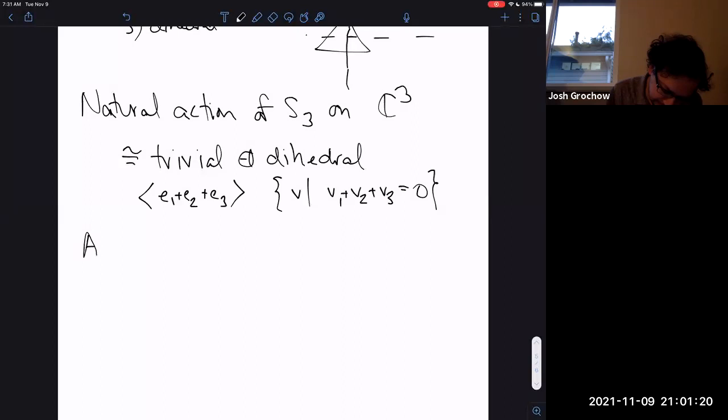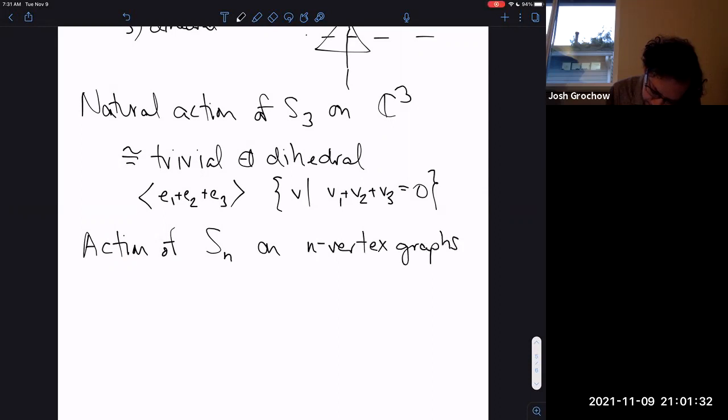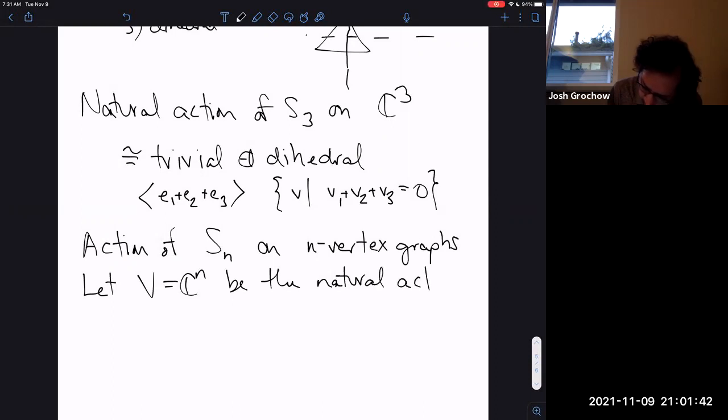So the action of Sn on n vertex graphs, and this part we could say in general. Let's say V be the natural action by permuting the n coordinates.